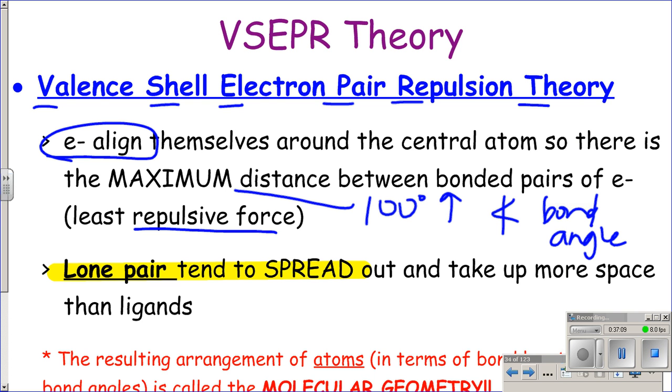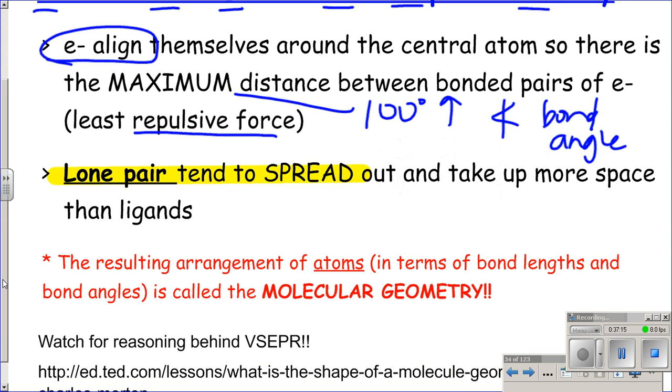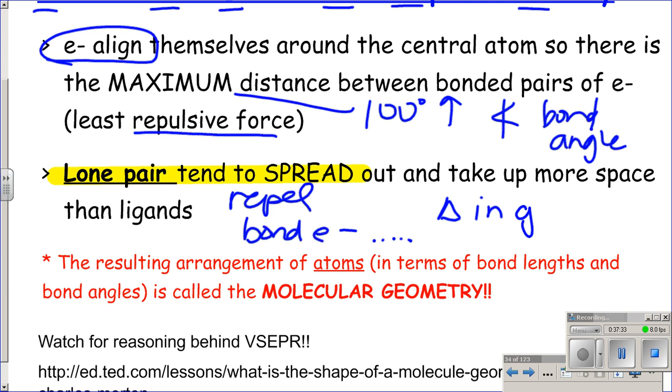And don't forget, lone pairs are going to be causing a lot of space to be taken up. Since they do tend to spread out, they also tend to repel bonded electrons, so the ones that are between two atoms. And so whenever that lone pair does its job of repelling, there's a change that occurs. There's a change in the geometry. So you must consider this lone pair doing its business of repelling before you know the geometry.